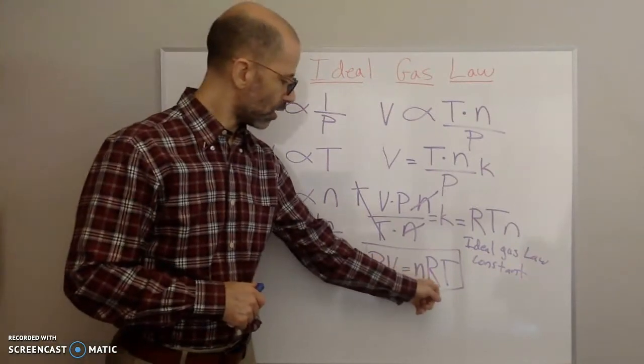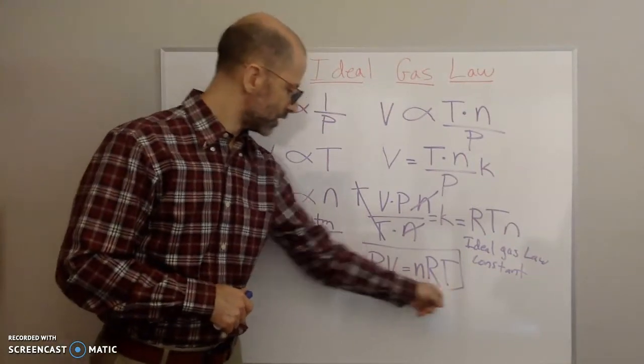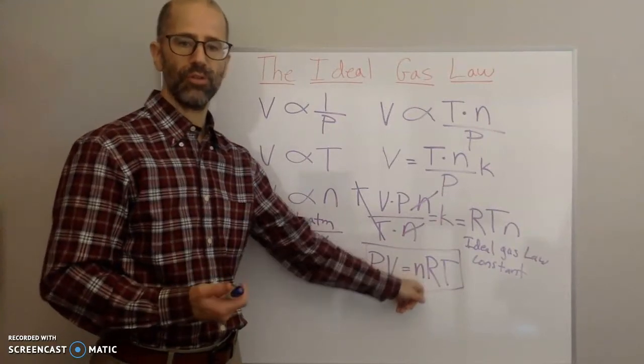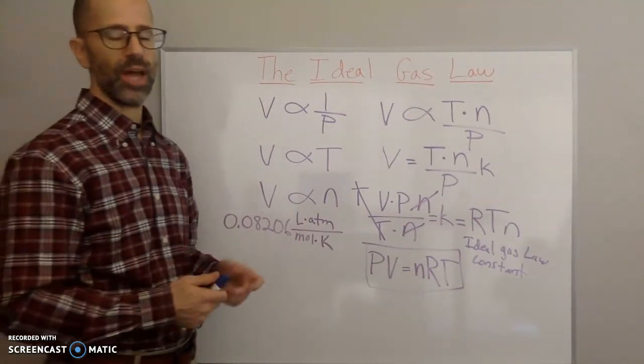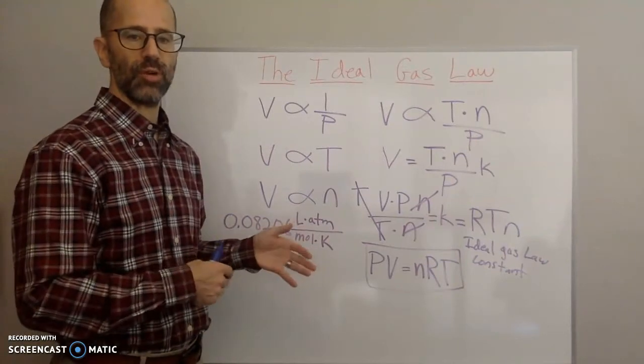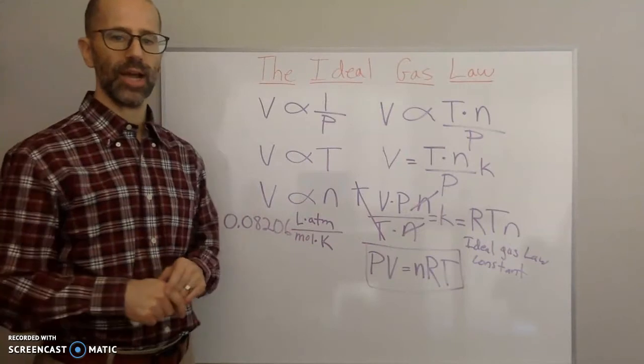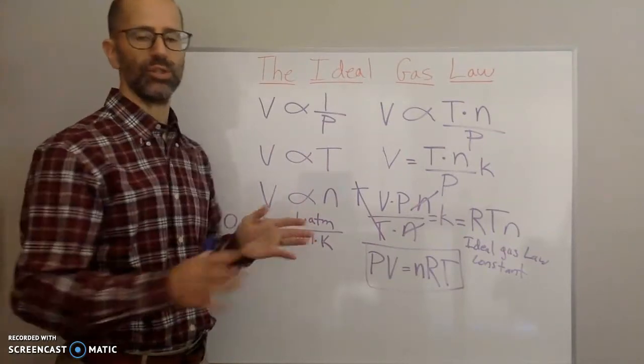Well, you know R, they gave you T, V, and P, so the moles of gas is what you solve for. You solve this equation for the moles of gas. You're not changing from one amount of gas to another, or from one pressure to another pressure.